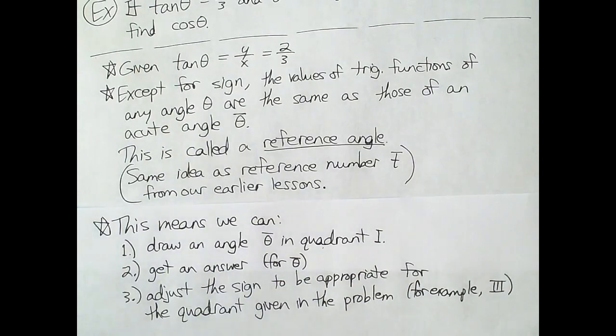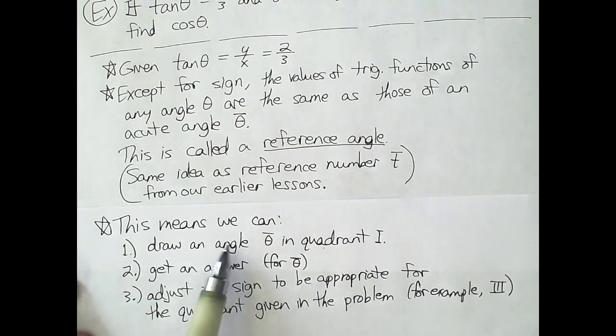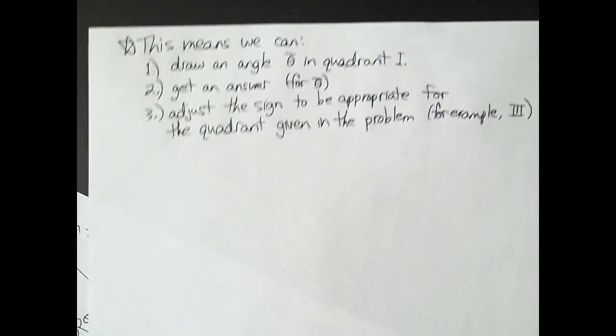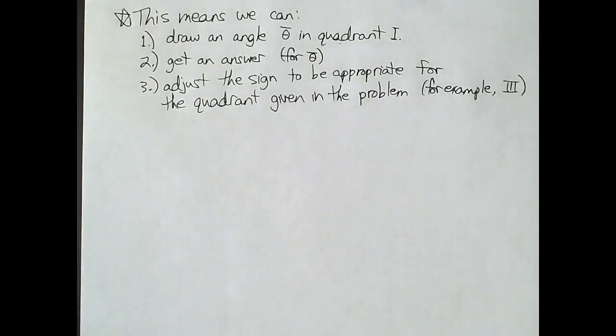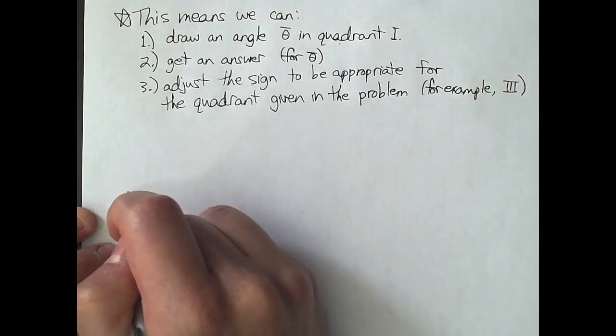It doesn't mean that x has to equal 3, right? It just means that the ratio of y over x is 2 over 3. But for this process, when we draw an angle in quadrant 1, I am going to use the 2 and the 3 because I know they're going to give me the correct ratio. So instead of doing like 20 and 30 or something like that, I am going to draw this with a 2 and a 3.